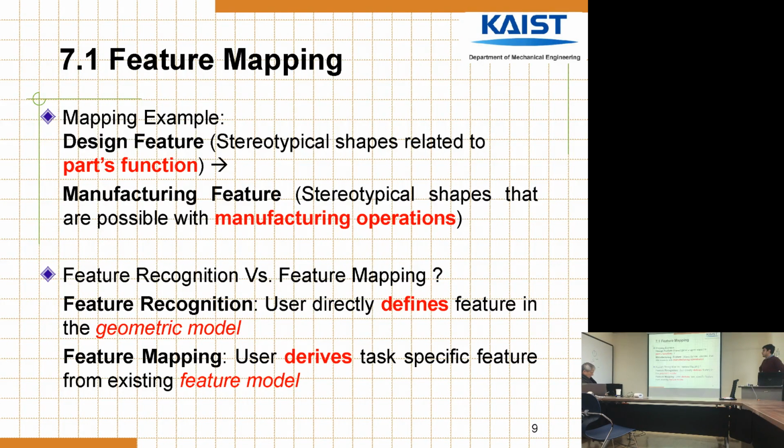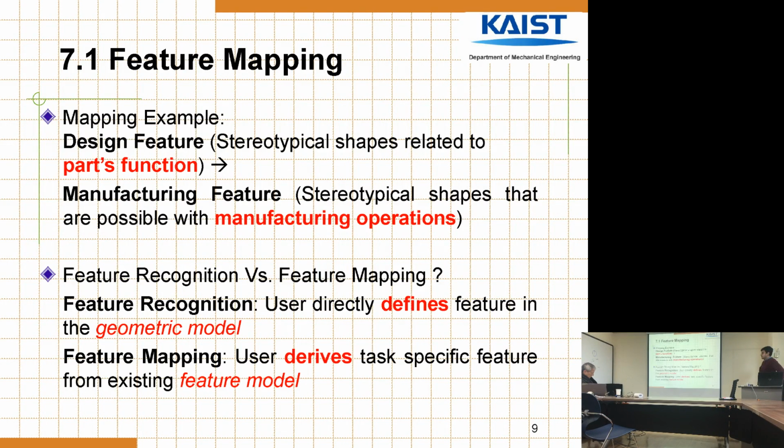And secondly, you may raise the question: what is the difference between feature recognition and feature mapping? In feature recognition, we had the original geometric model, and we started with that, and we didn't use any previously available viewpoint. So we picked the entities or used any method, so we defined from zero. There were no previously defined features.